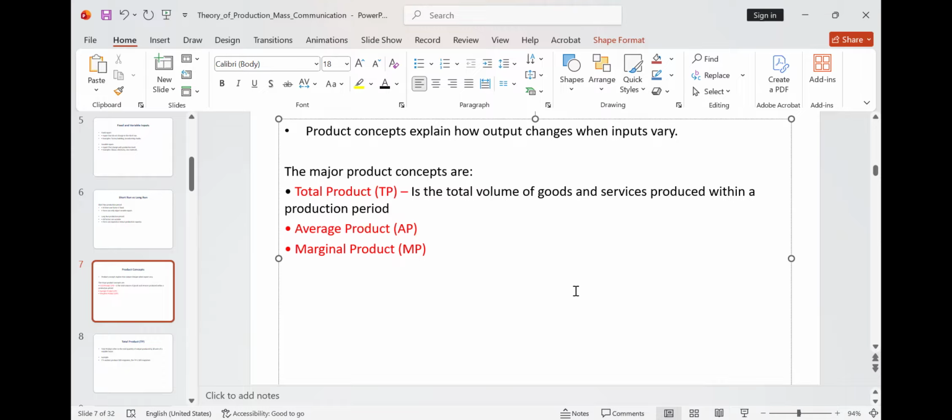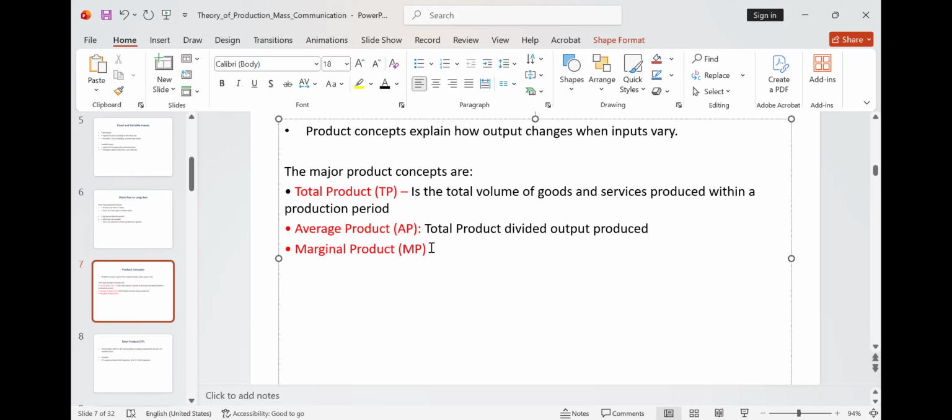Now, average product is the total product divided by outputs produced.